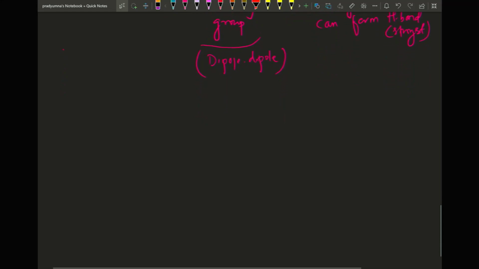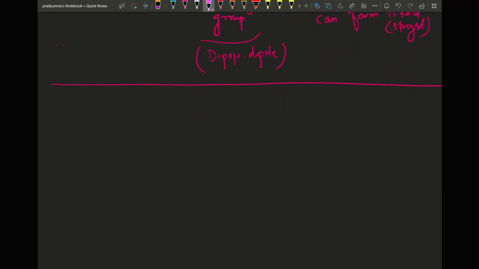Okay, so let's do a comparison of the boiling point. Always the rule, if we are comparing between the same class of compound, the longer the carbon chain, the higher the boiling point. What is the condition that applies?